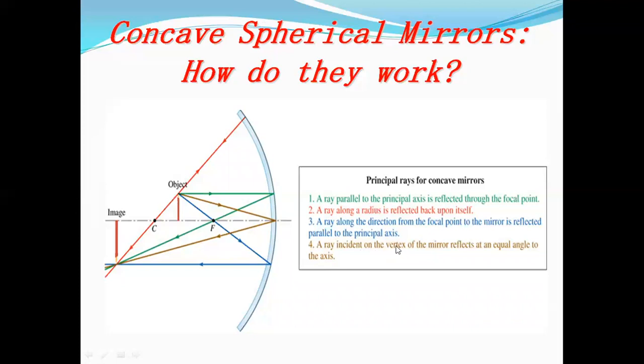And last, a ray incident on the vertex of the mirror is reflected at an equal angle to the axis. And this is the image formation picture, and cadets, you must see these pictures, and using this way you can draw any kind of practical problems in geometrical optics.